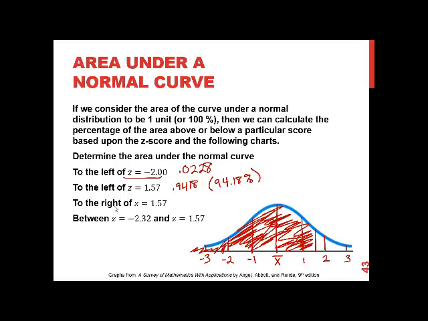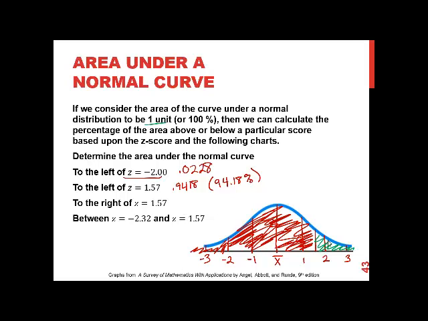What about to the right of 1.57? So we're not asking for this red shaded zone, we're asking for this green part. Well, we already said that altogether this whole curve has an area of 1.